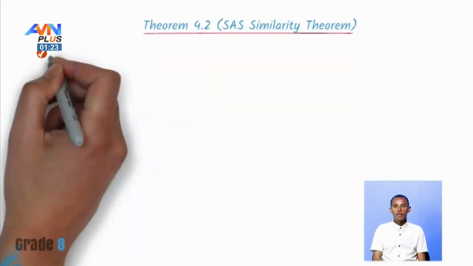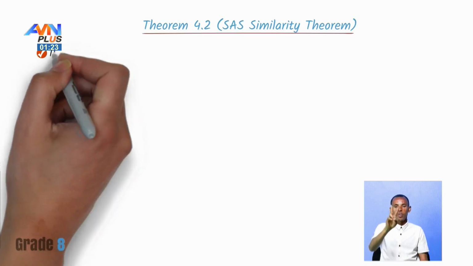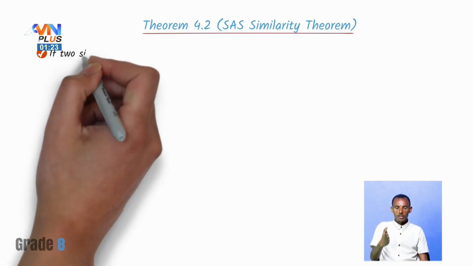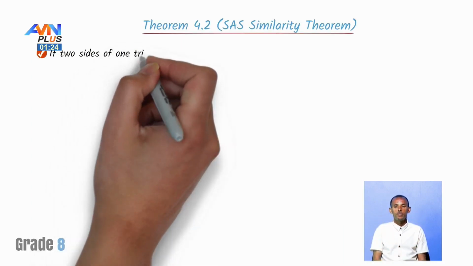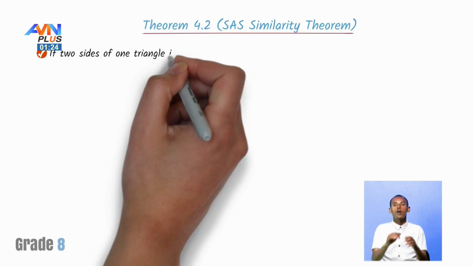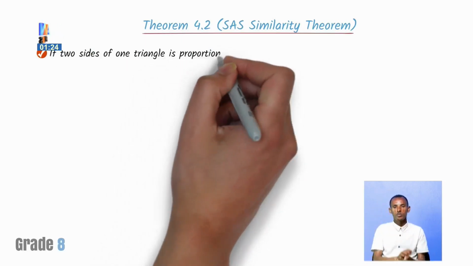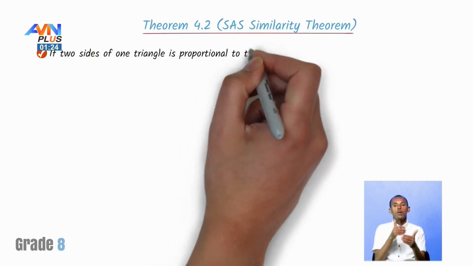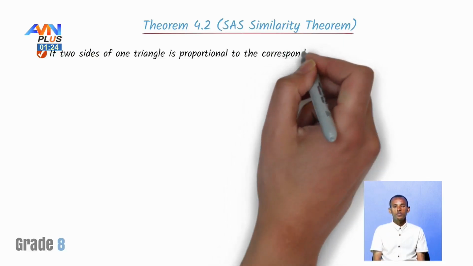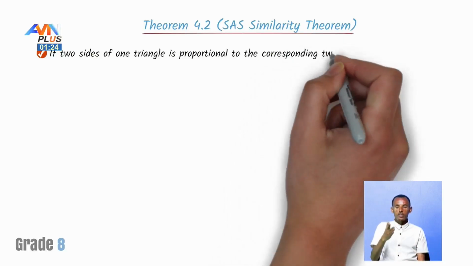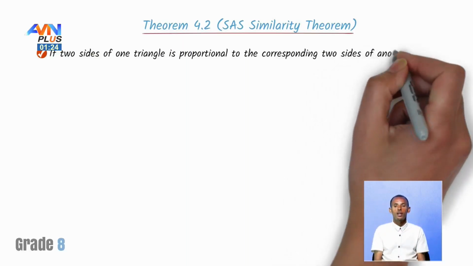So this theorem tells us if two sides of one triangle are proportional to the corresponding two sides of another triangle. Okay, this is one thing.